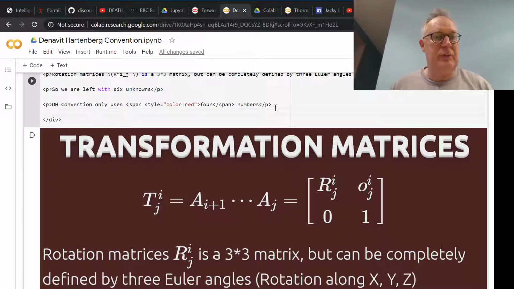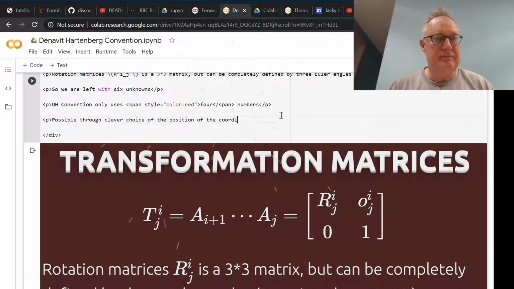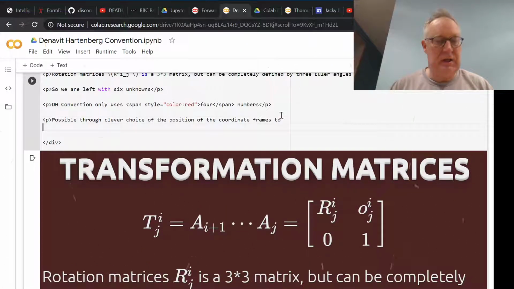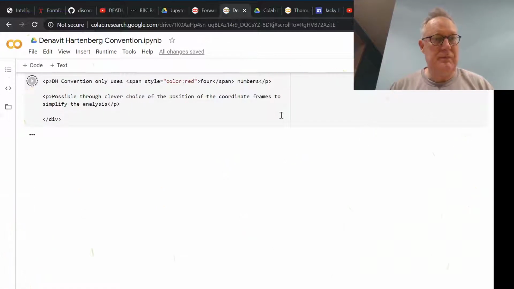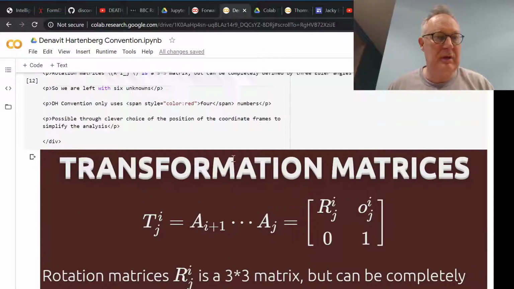This is possible through clever choice of the position of the coordinate frames to simplify the analysis. Otherwise, that wouldn't work, right? It would be just magic.